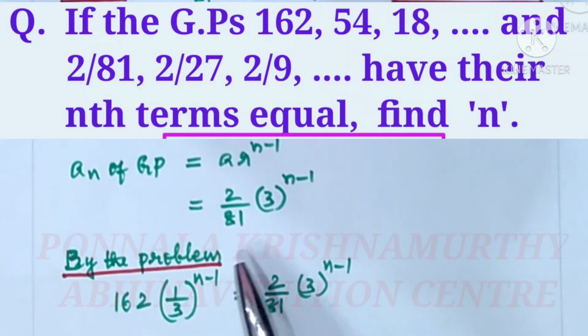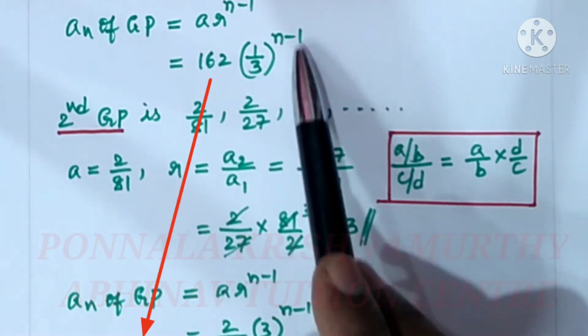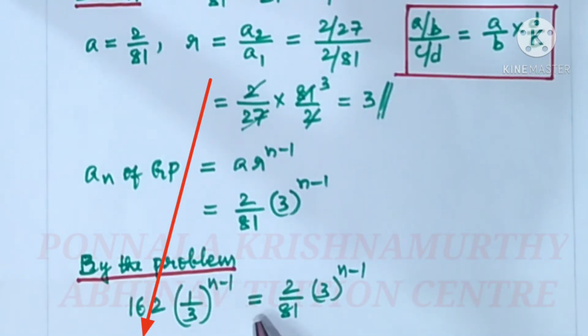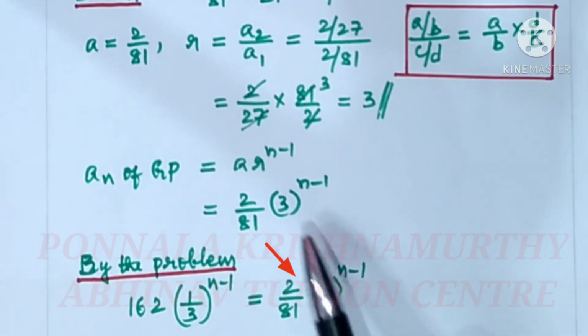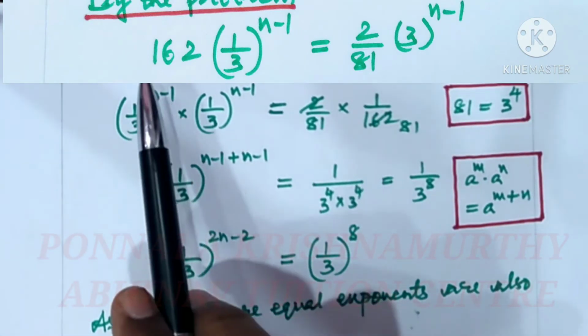By the problem, the nth term of first GP is equal to the nth term of second GP. Therefore, 162 into (1/3) whole power n minus 1 is equal to 2/81 into 3 power n minus 1. The previous step was here.